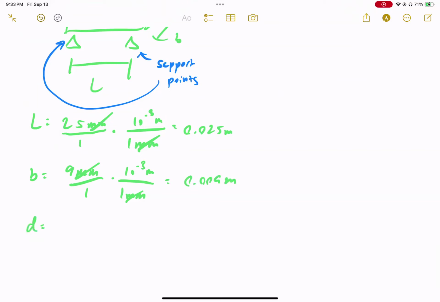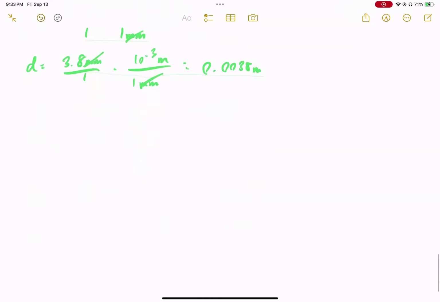Same process for D, 3.8 millimeters, exact same conversion factor, and I get 0.0038 meters. Perfect. So now I can start plugging things in. But what equation do I use?